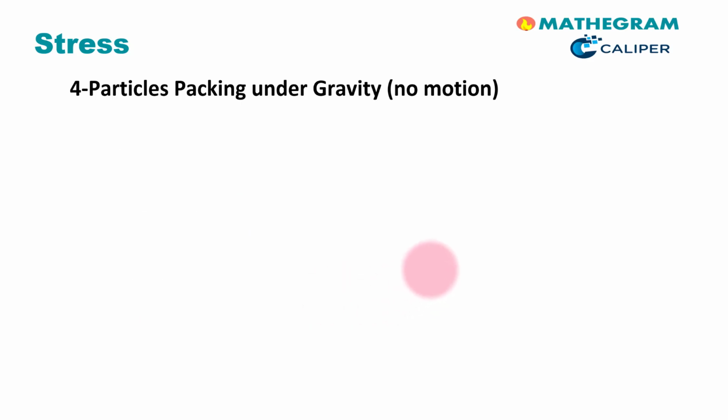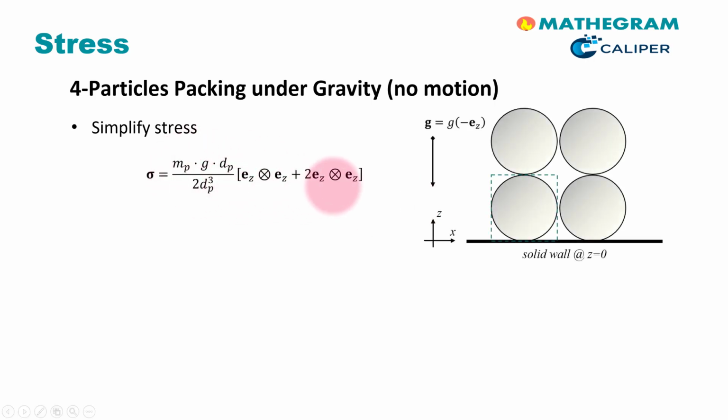Continuing our analysis on the next slide, we first simplify the stress expression to arrive at this expression here. We now evaluate the dyadic product, which involves only the unit vectors e_z, to arrive at this simple tensor here. Thus, the stress tensor has only one non-zero entry, which is the ZZ normal stress.